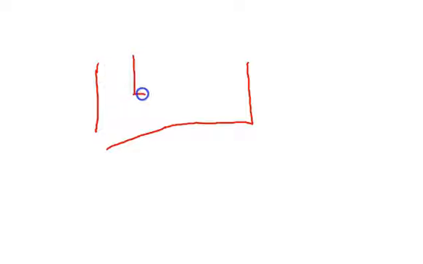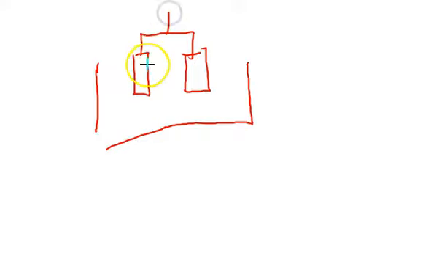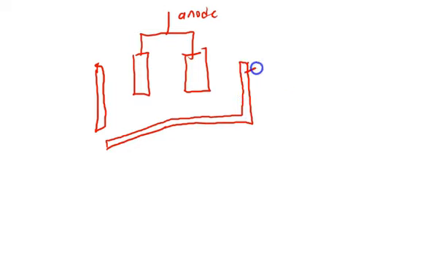We will have the electrodes, the carbons, and here will be the anode, and at the side here we will have a cathode, and aluminium oxide will be here.